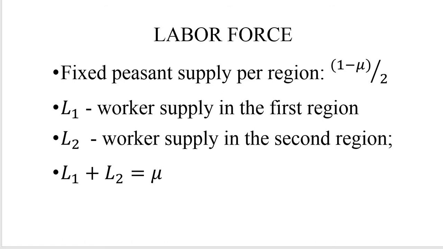We assume that number of peasants is the same in both regions, and it can be calculated as the total size of labor force, including laborers of all the types, minus number of workers, divided by 2. So this is peasant supply per region.